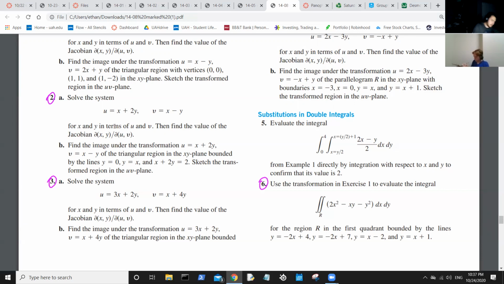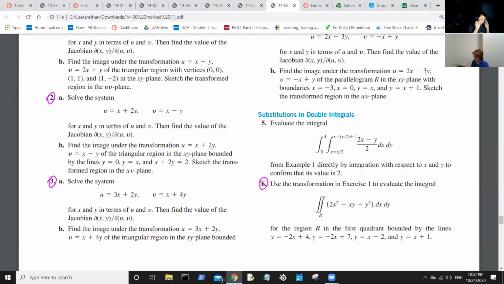So then u minus v over 3 is equal to y. And then if we cancel everything to create x, that means we would multiply the v function by 2 and then add them together. So we would have u plus 2v equals 3x, is equal to x.